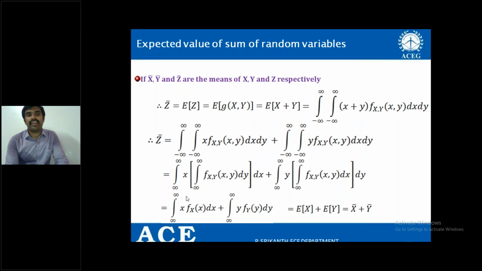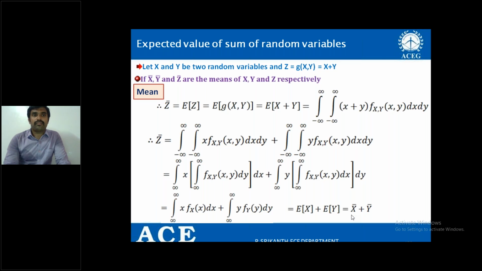So ultimately the resultant integration becomes the expectation of x. Why? Because it is nothing but the integral from minus infinity to plus infinity of x into f x of x dx. Similarly here, the integral from minus infinity to plus infinity of y into f y of y dy. So it is nothing but the expectation of y, and therefore it is x bar plus y bar, right? So it is nothing but the mean value of the sum of two random variables.